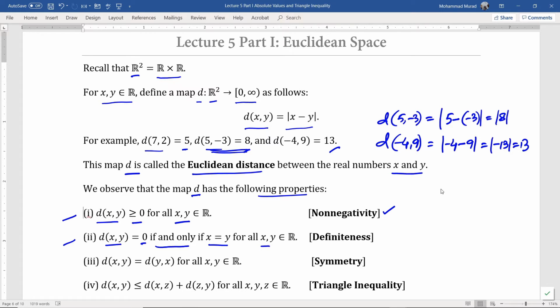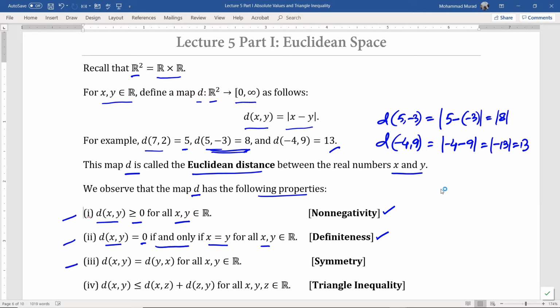This property is called definiteness. In other words, if the distance between two real numbers equals 0, then the numbers x and y must be the same. Conversely, if two real numbers x and y are the same, then the distance between them must be equal to 0.